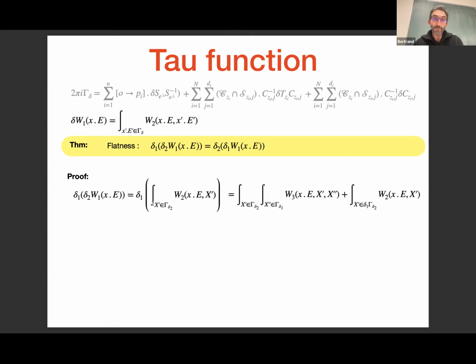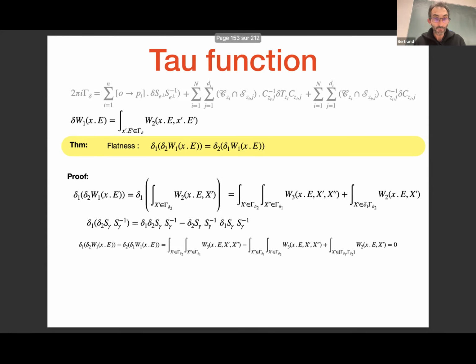You have to keep in mind that gamma here, my generalized cycle, has this delta t, so it itself depends on the moduli. It can have a deformation. So there is another term by the Leibniz rule, which is the integral of W2 on the deformation of gamma.